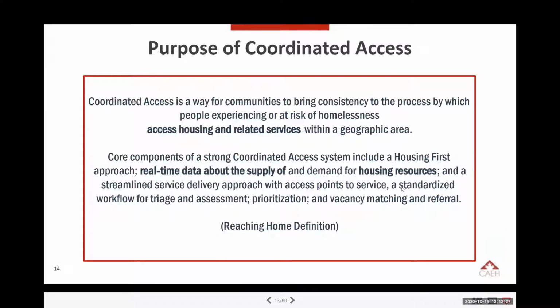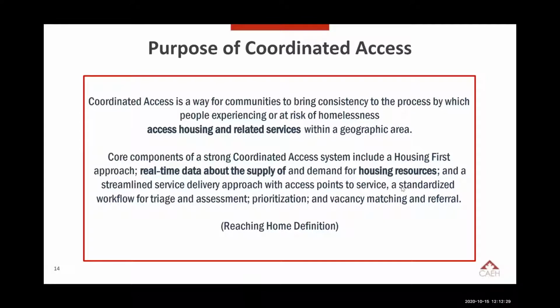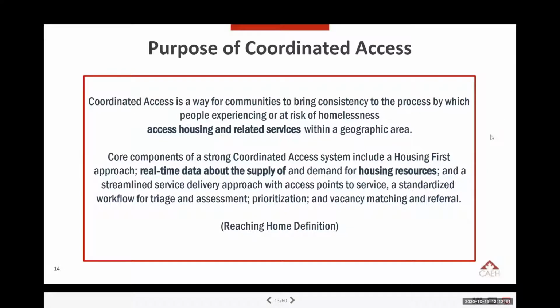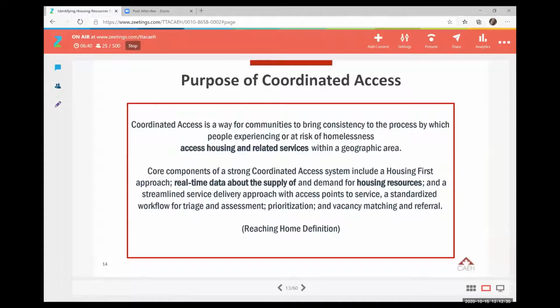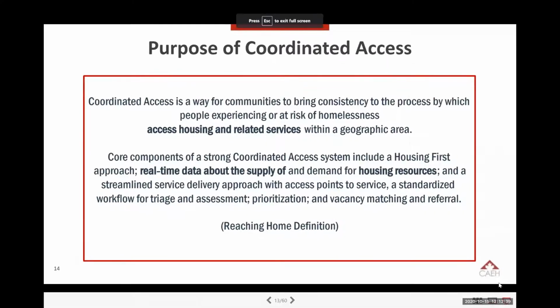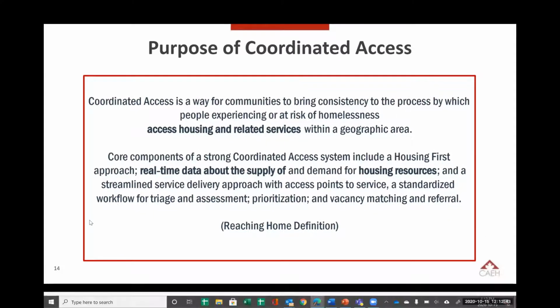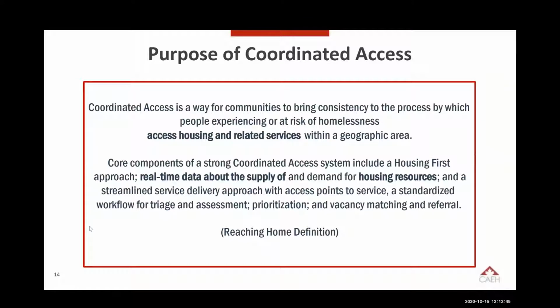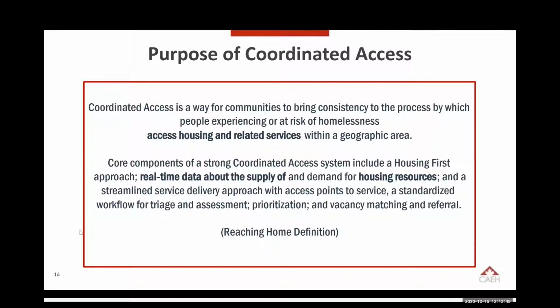All right, so let's center ourselves first in the role of where housing resources fit in coordinated access. So here is the Reaching Home definition of coordinated access. Coordinated access is a way for communities to bring consistency to the process by which people experiencing or at risk of homelessness access housing and related services within a geographic area.